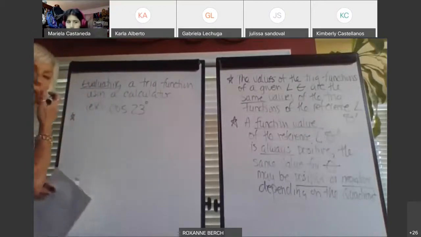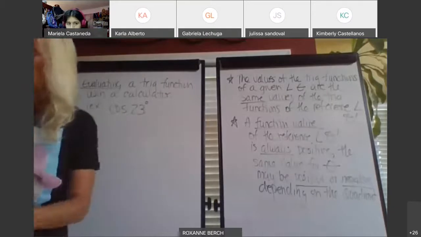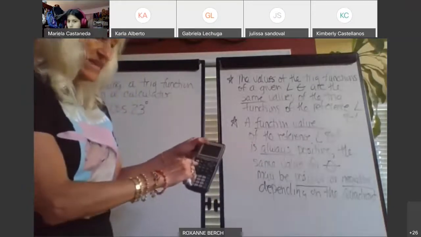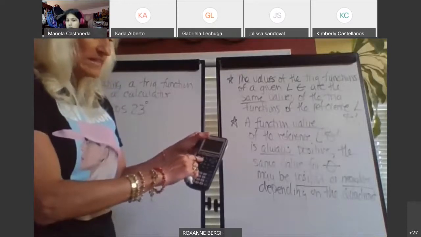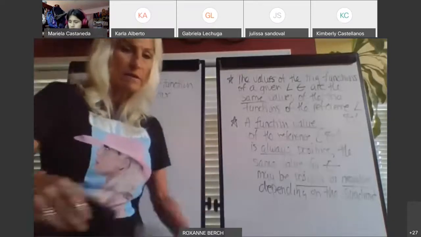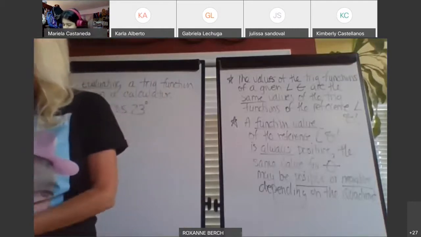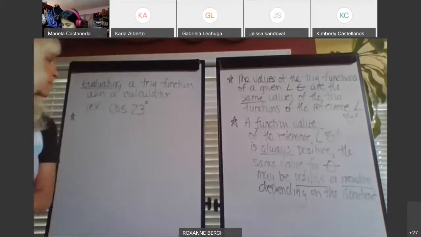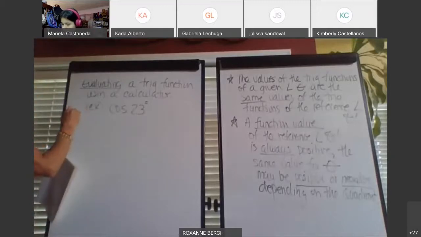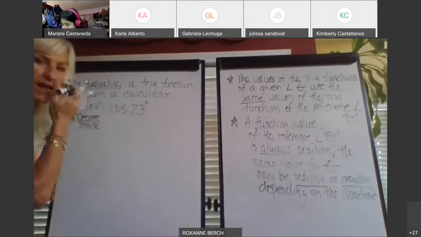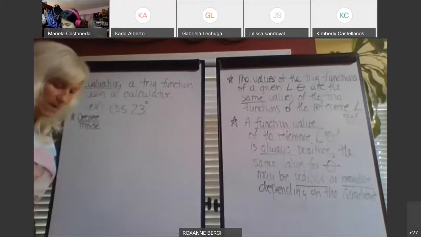You gotta make sure you're in the right mode. On your calculator, it's next to the yellow key and it says mode in white. You wanna go to your mode and make sure you're in degree mode. In a minute, when you see radians, you have to make sure you're in radian mode.